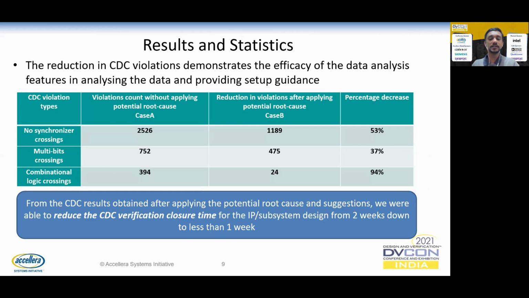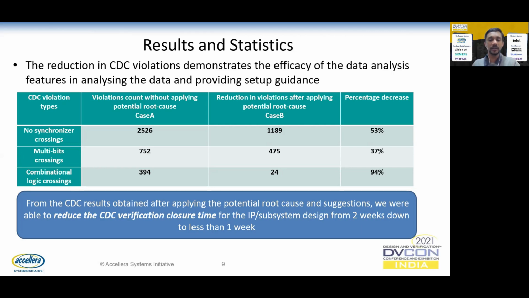The reduction in CDC violations demonstrates the efficacy of the data analysis features in analyzing the data and providing setup guidance. In this table, case A suggests the violation count without applying potential root cause, and case B suggests reduction in violations after applying potential root cause.